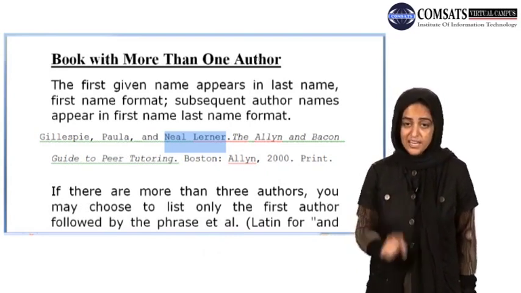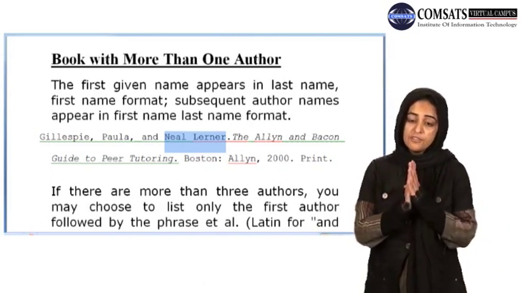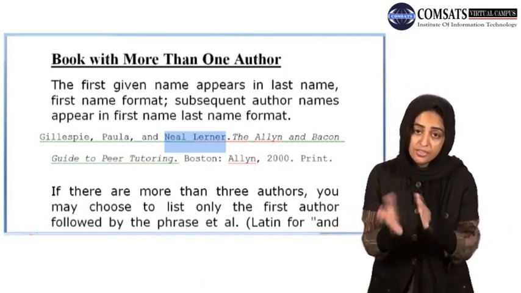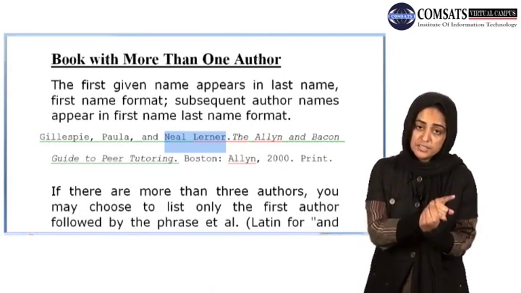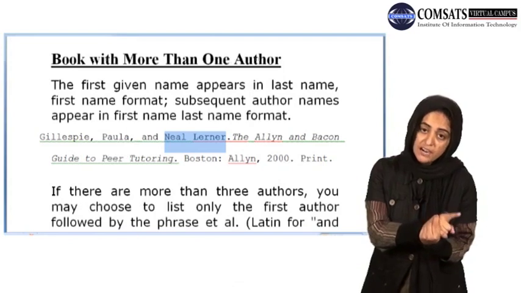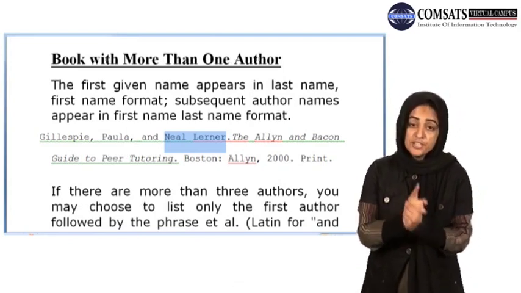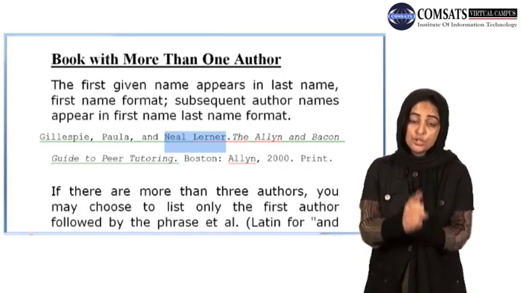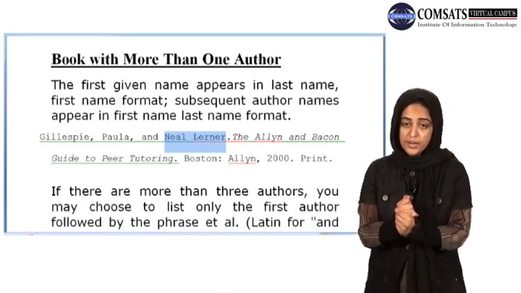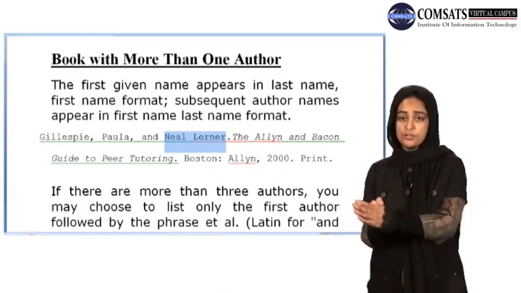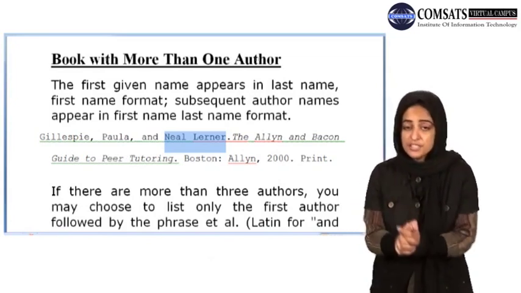Through MLA referencing style, if you have more than one author, then only the name of the first author is written in reverse order, that means last name first and first name after the last name. The last name, first name style will be used only for the first author of the book, whereas for the second, third and fourth authors of the same book, you will not follow the last name, first name format.